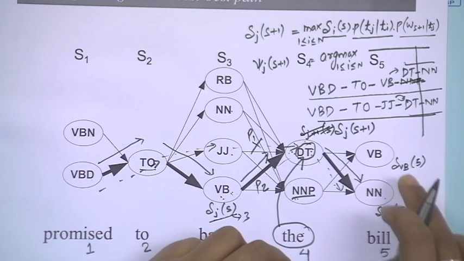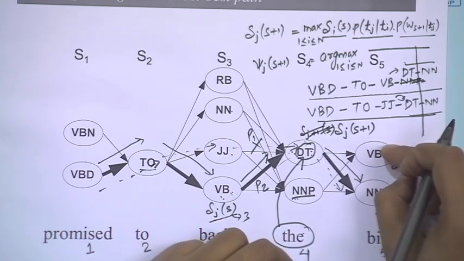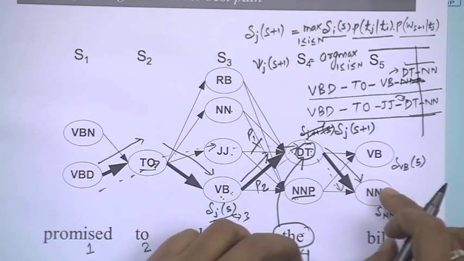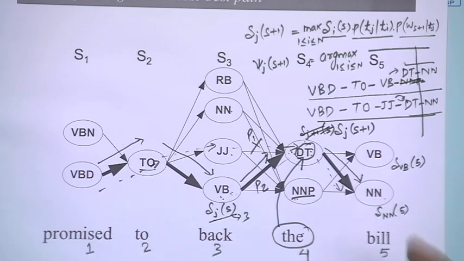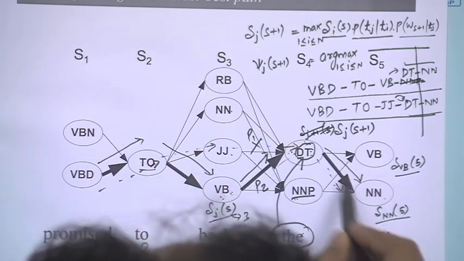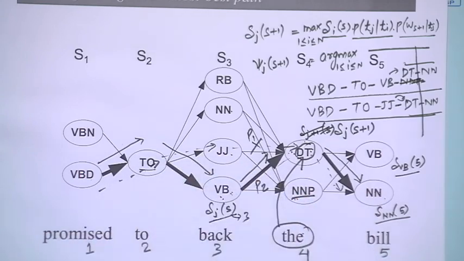What is the best probability of reaching this state? At this point I can just take the maximum of these two, and this will give me the best probability of any possible part of speech tag sequence. Then I can use the backtraces from here to obtain the actual part of speech tag sequence. And this is my Viterbi decoding algorithm.